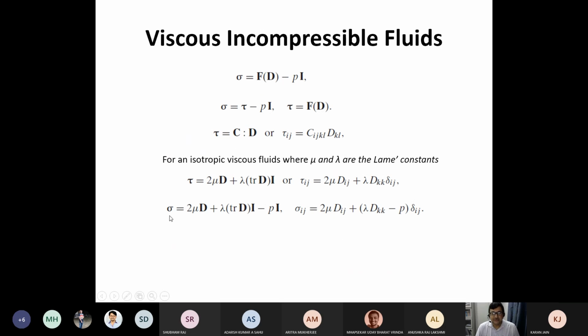And from there, you weave the argument in order to put the sigma. And in sigma, you see now, the formulation is given how exactly you take the pressure out. Now, this is the deviatoric part, and this is the pressure part. And these two constants, mu and lambda, are called the Lame constants. Okay.